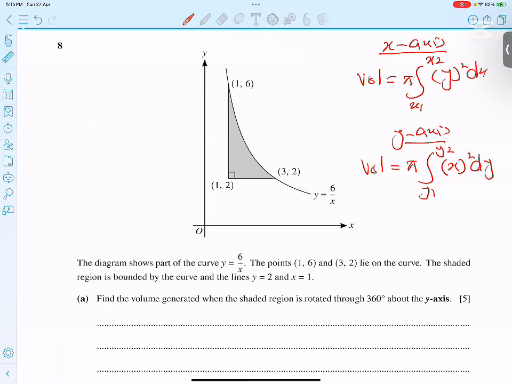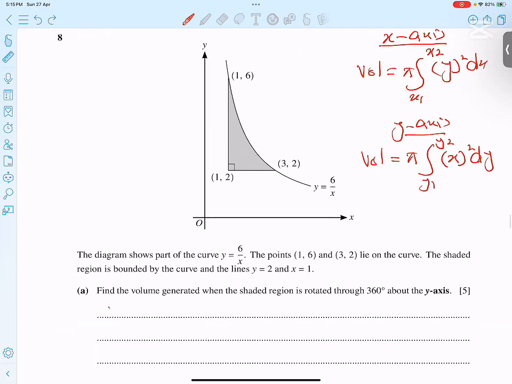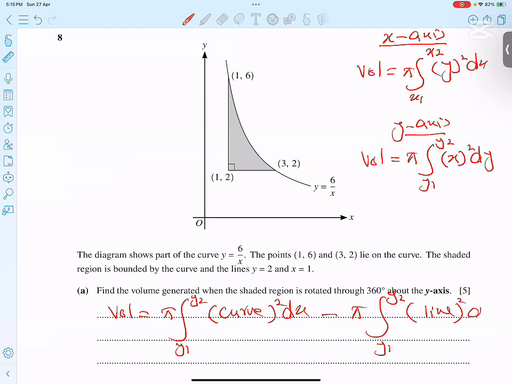Whenever you find a line, this area is not till the y-axis, so we have to consider the line also. And do you know the basic formula now for finding volume about the y-axis? π outside, integral from y1 to y2 of curve² dy, minus integral from y1 to y2 of line² dy.